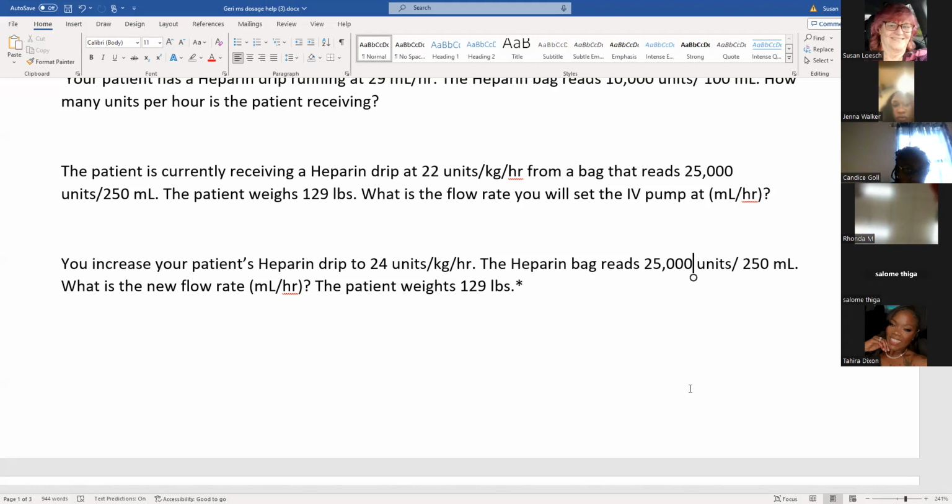So this again is going to be what formula? Is it desired over have, right? Yes. Okay, so you already have what's given, which is what? 25,000 over 250. Okay, so we have 25,000 over 250. 129 divided by 2.2. You get 58. And then you take your patient's weight, so you've got to take the 129 and divide that by the 2.2.